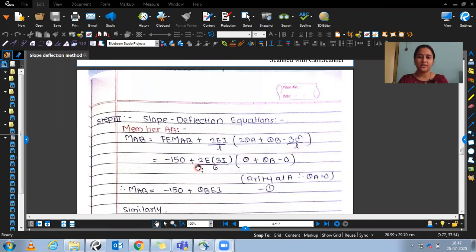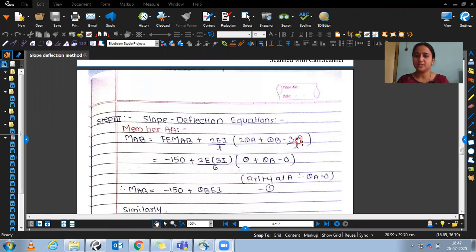The fixed end moment is minus 150, 2EI where I is 3 times I as given, and L is the span AB, 6 meters. As we know, there will not be any rotation at A because of fixity, so theta A equals 0. Then plus theta B, minus 3 delta by L, where delta is the deflection or sinking of the support.